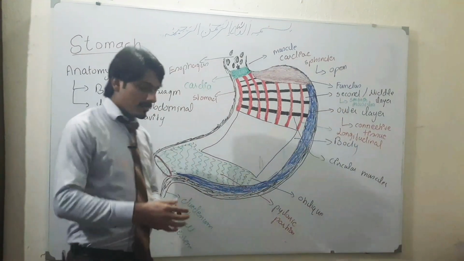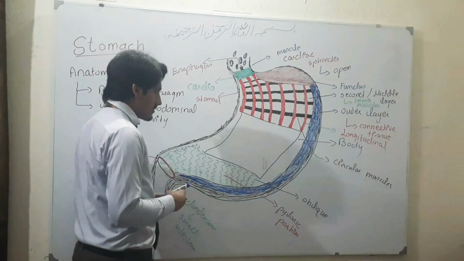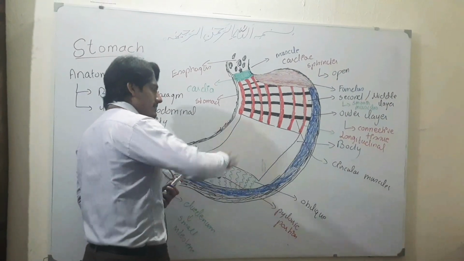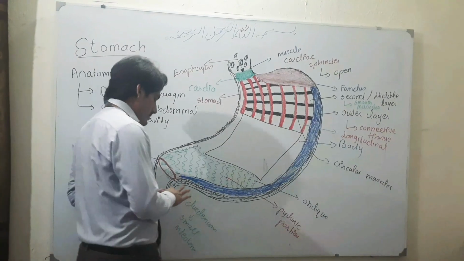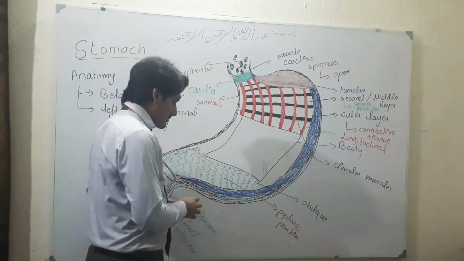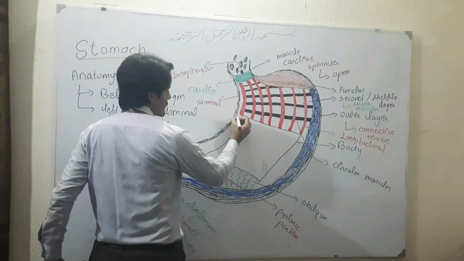Okay, next, the last layer. The last layer is present on the inner side of the stomach wall. So let's see where the last and inner layer of the stomach is.